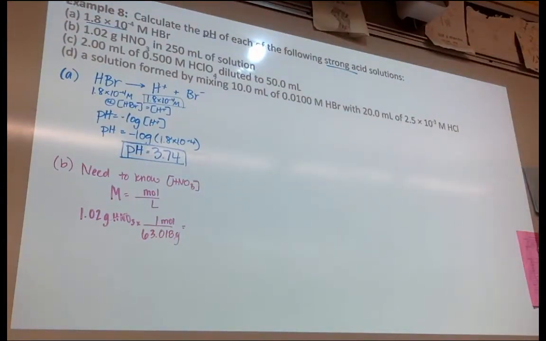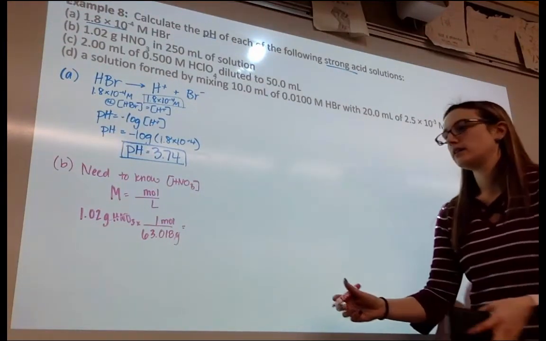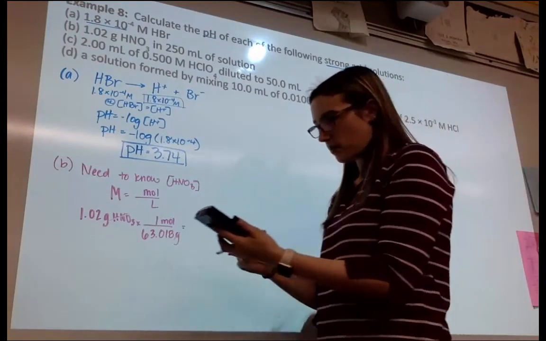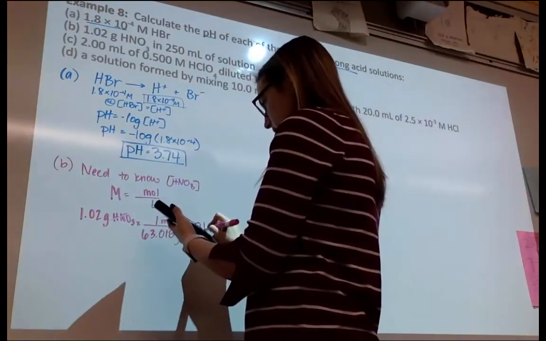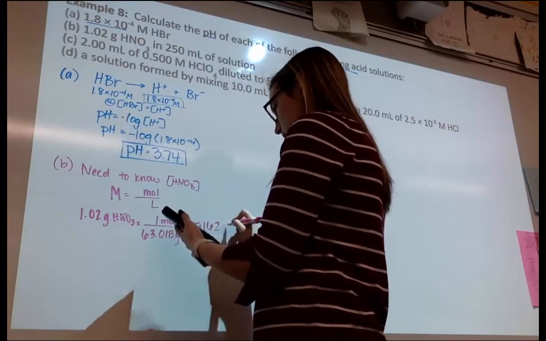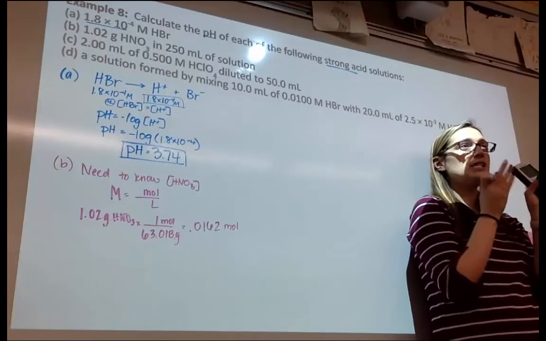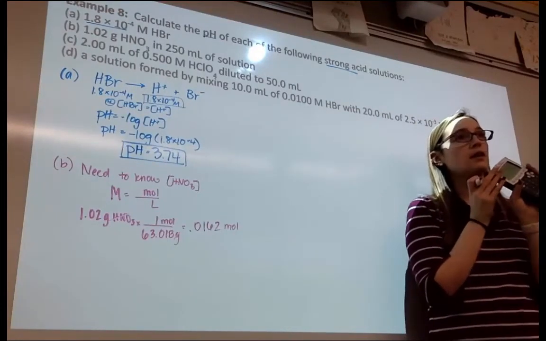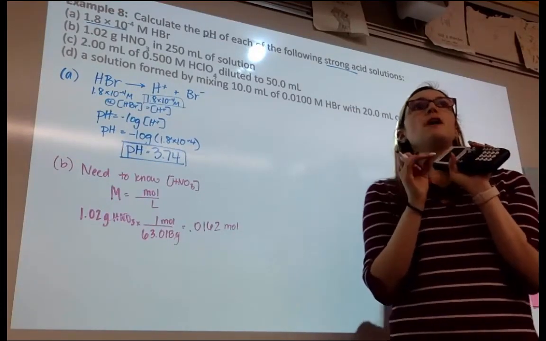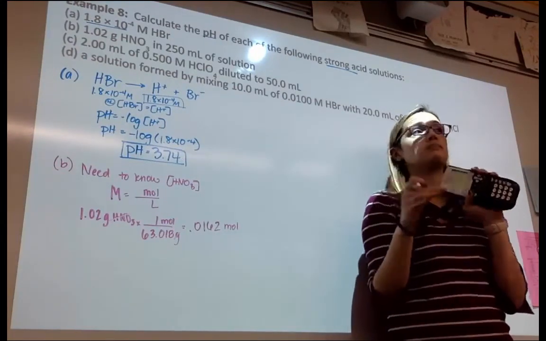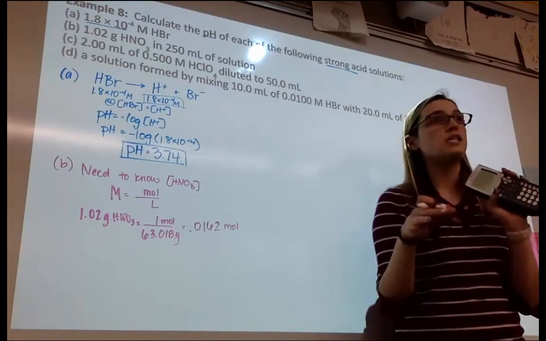To find pH, I always need molarity. 1.02 divided by the molar mass. Be careful with rounding. I'm going to keep this in my calculator. If you round to 2 sig figs, mastering will probably count it wrong. Keep it out to 3 or 4 sig figs.